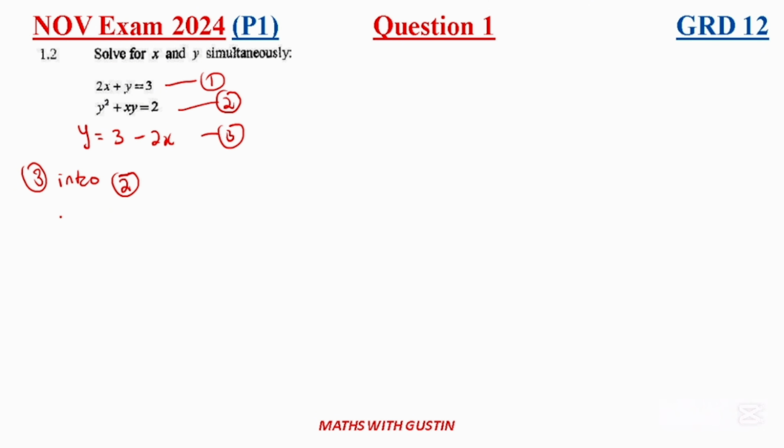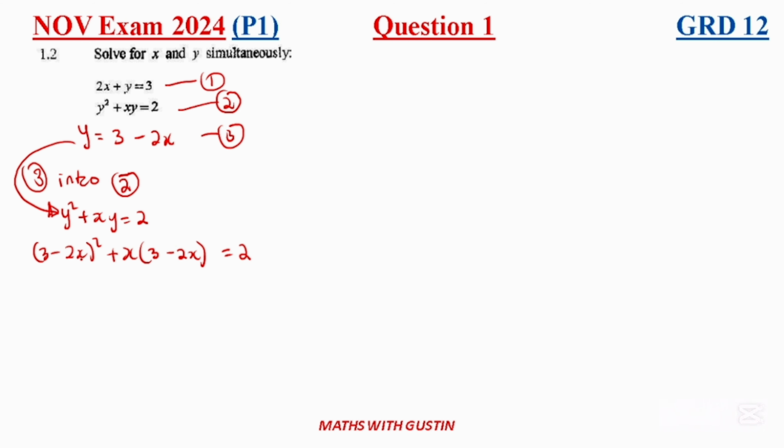So now you're going to say y squared plus xy is equal to 2. Then you take this y, you put it here. Wherever there's y, you put that y there. So this simply means you're going to have (3 minus 2x) all squared plus x times (3 minus 2x) all closed, equals 2.